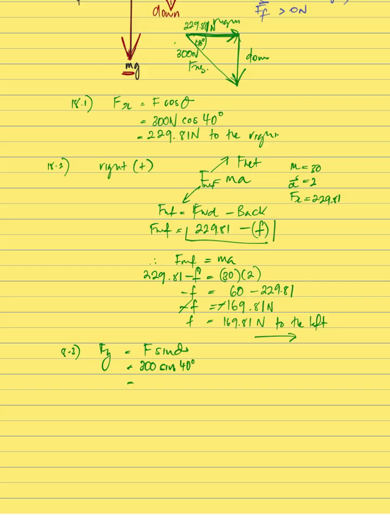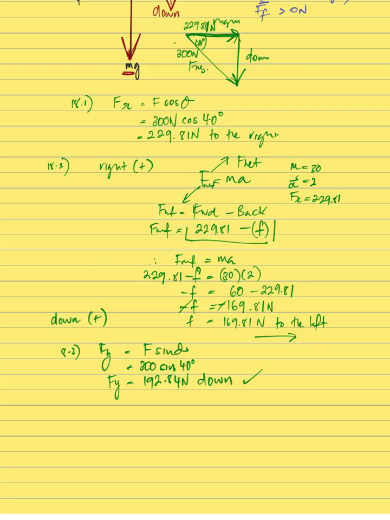And that's going to give me Fy is equal to, just pop that into your calculator, 192.84 newtons down. So in this situation, we're going to take down as positive because things naturally fall in a downward direction. Alright, so I've got that.